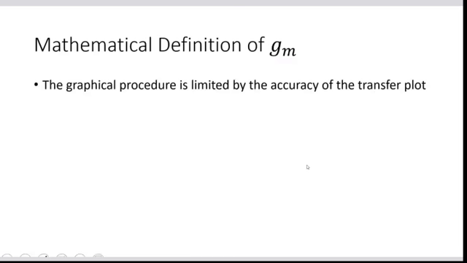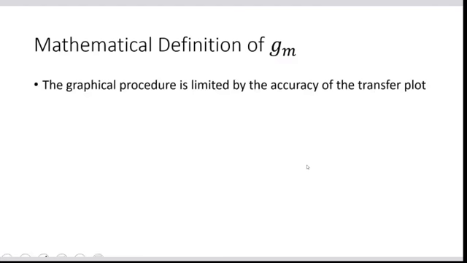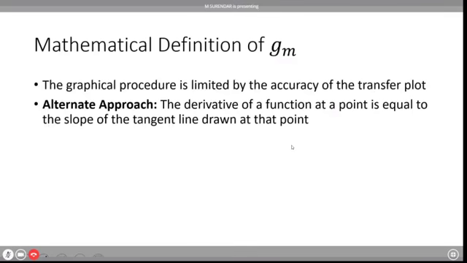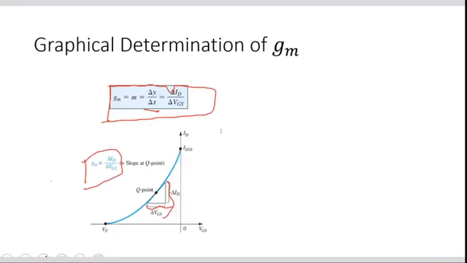Whatever we have seen now is a graphical procedure, because across the curve we are drawing a tangent and finding the slope there. That is a graphical way of solving for the value of GM. Whereas if I take another alternative approach, that is the mathematical approach, we have to take the direct slope, del ID divided by del of VGS.